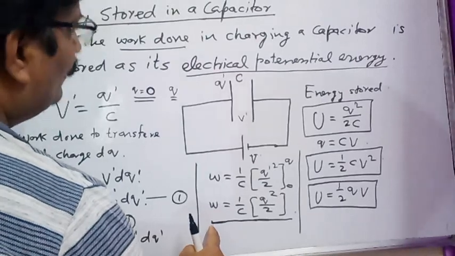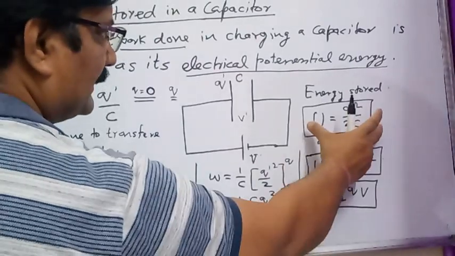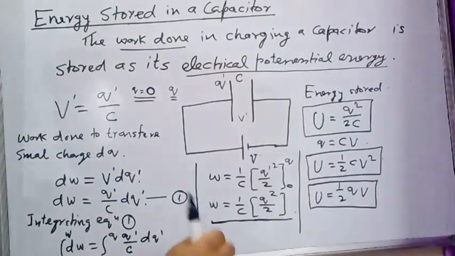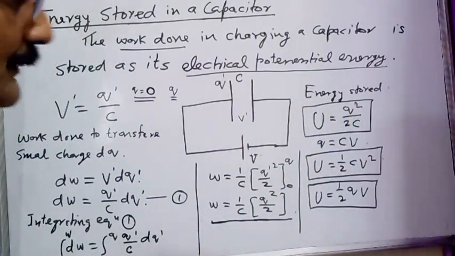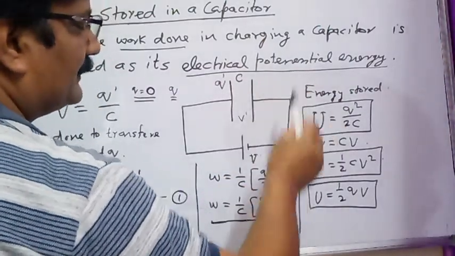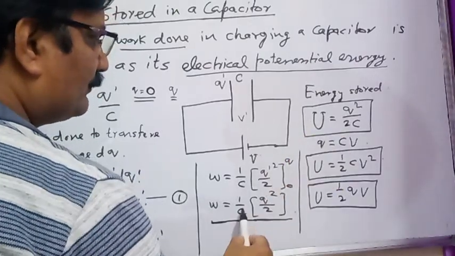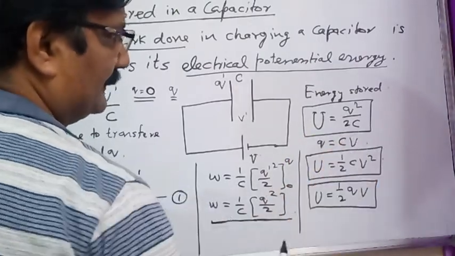So work done to charge the capacitor is going to be potential energy of the capacitor after the charging completes. So what is the formula for the potential energy stored in a capacitor after charging? That can be written U is equal to Q square by 2 into C.